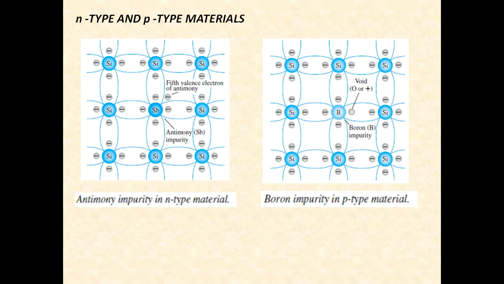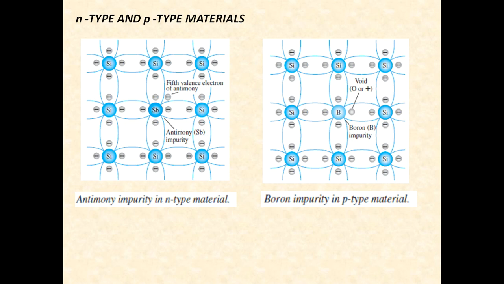Under normal circumstances, we can go with either pentavalent dopants or trivalent dopants. If we use pentavalent dopants like antimony and phosphorus, we get an N-type semiconductor. If we use trivalent impurities like boron and aluminum, we get a P-type semiconductor.